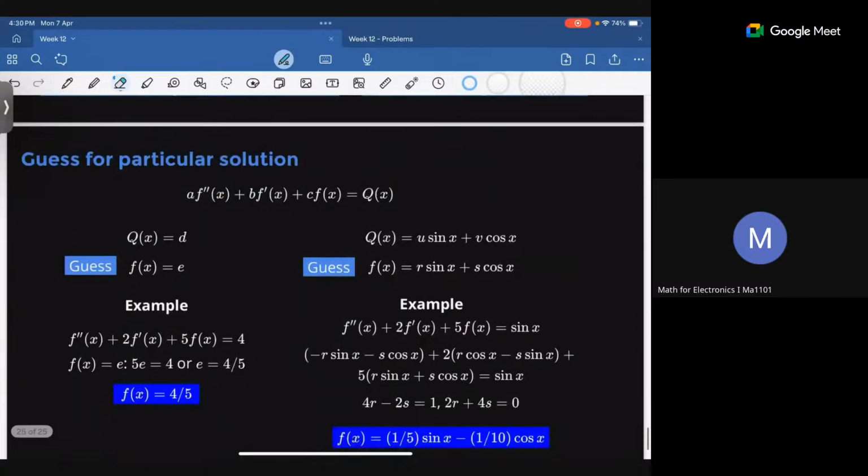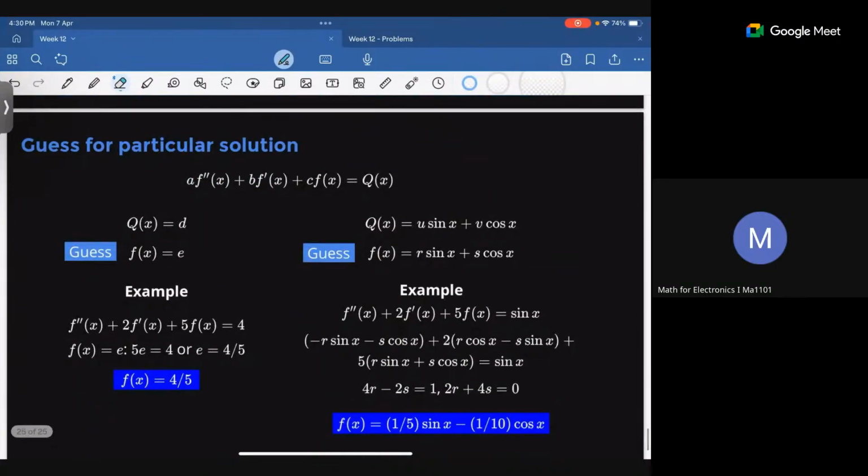Here also we will guess the particular solution and we primarily have only two cases. Either our q of x is a constant value d, then our guess will be a constant value.